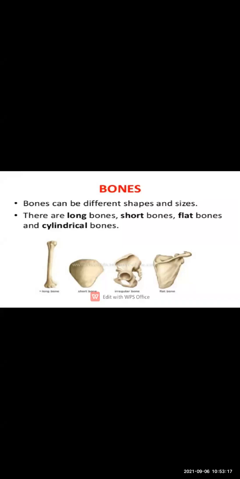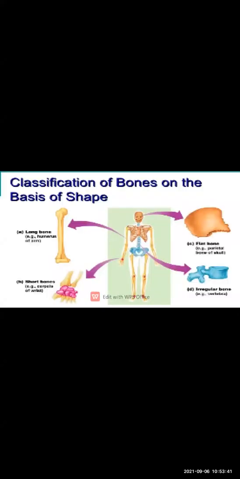These are the four different types of bones shown in the picture. According to the name, the long bone is longer in size, and the short bone is also short. Then there is the flat bone, and also the cylindrical bones, which are cylindrically shaped.